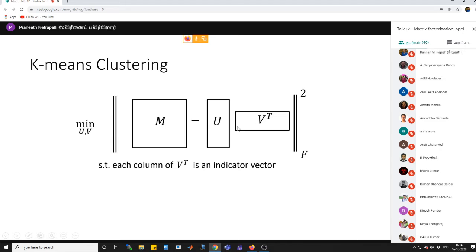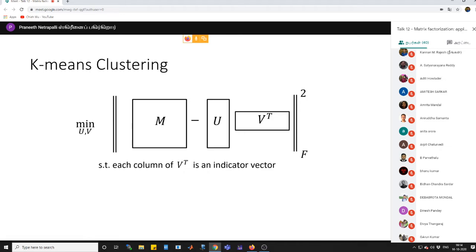Then the first column of V transpose only has a single one in one entry and zeros everywhere. So wherever it puts a one, you are basically looking at that column in U. So you're assigning the first data point in M to that particular cluster center in U, and then you are minimizing the Frobenius square of the reconstruction error. Okay. So this is k-means clustering, and this again is a matrix decomposition problem where U and V transpose are of lower dimension, and at the same time V transpose has this additional constraint that each column only has a single one and all the other entries are equal to 0.